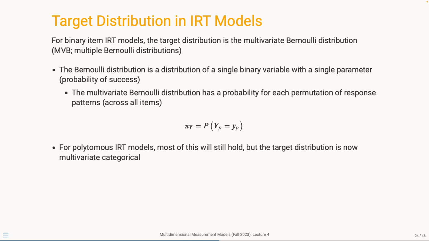It's a lot, right? Think of the same thing for CFA. If I have 5 items, I have 5 means, 5 variances, and 5 choose 2 covariances. What's 5 choose 2? 4, 5, 10, right? So 20 parameters. If I go to a 6th item, I have 1 mean, 1 variance, and 5 covariances.